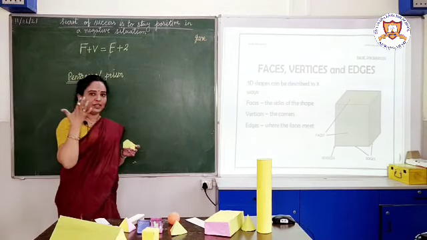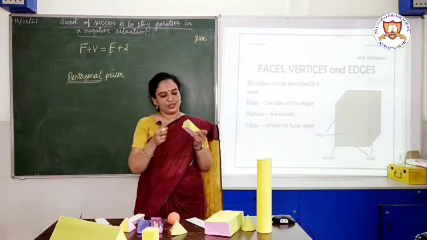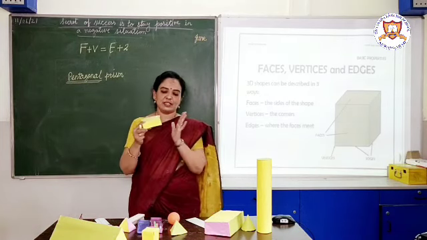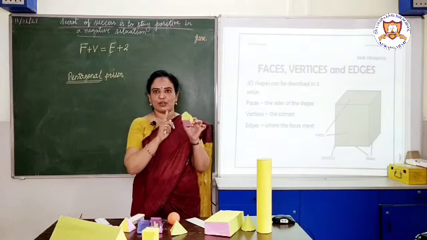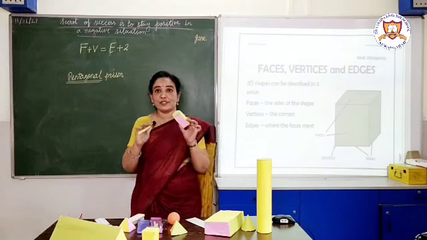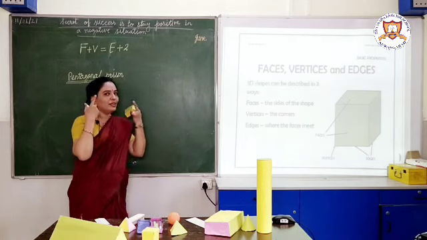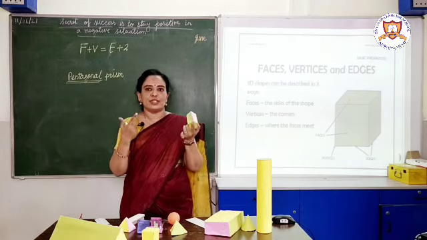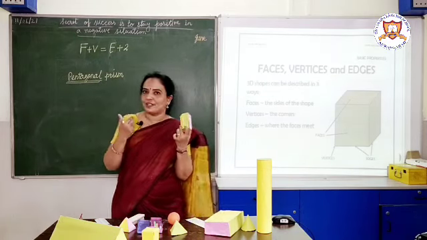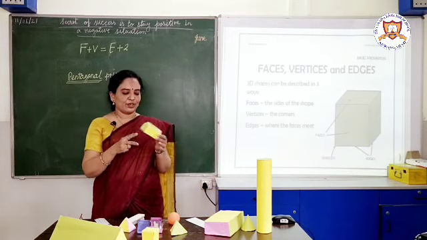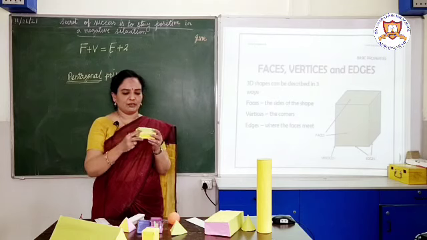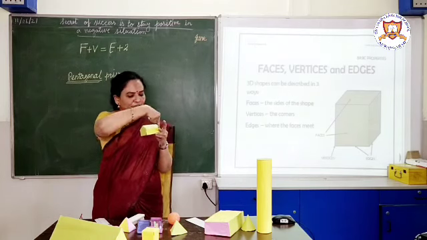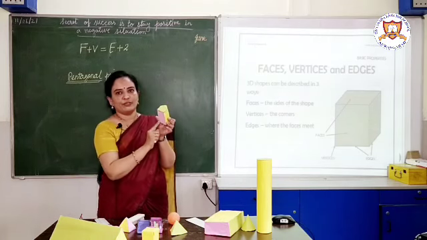Pentagon means how many sides? 5 sides. So this face has 5 sides, and this face has 5 sides. We will take one example on this, and one example I will give you to solve. You will think in your mind how many faces, vertices and edges there are, because now we have seen so many examples and we can understand, because every vertex is joining.